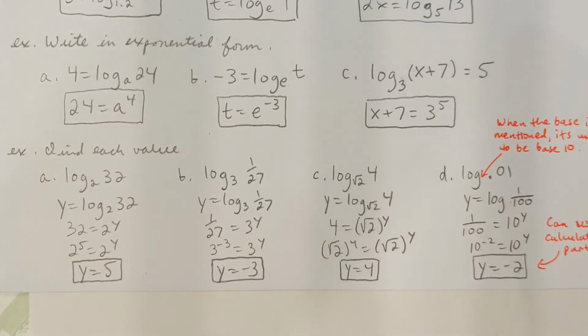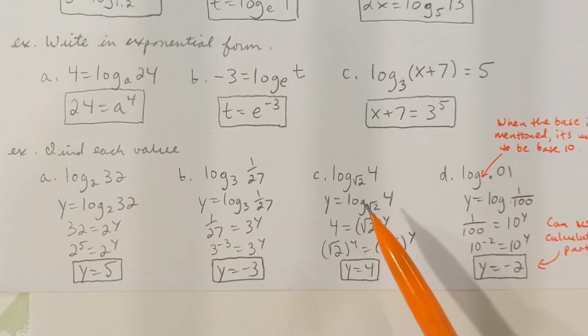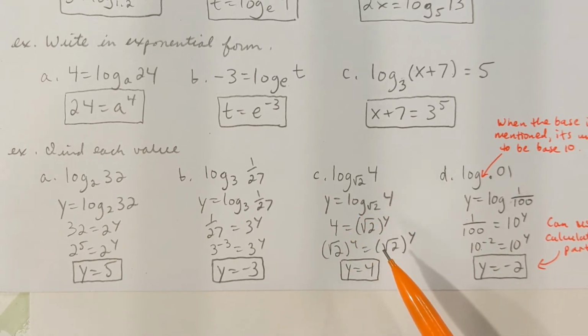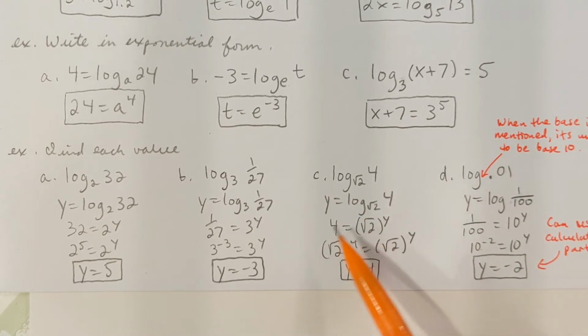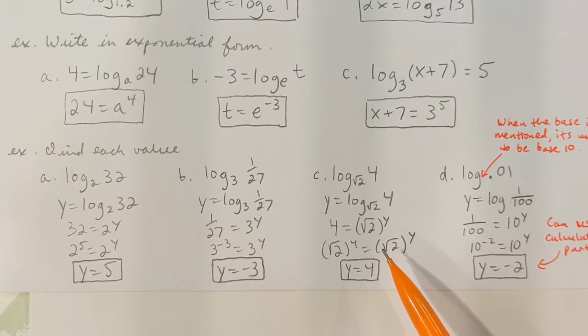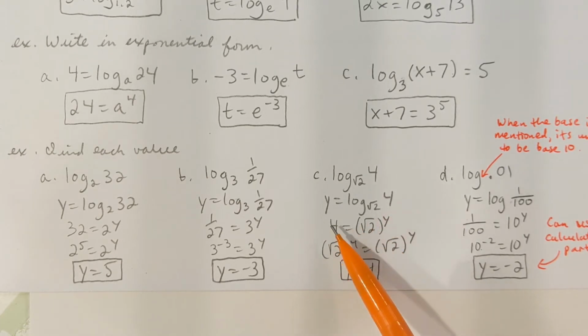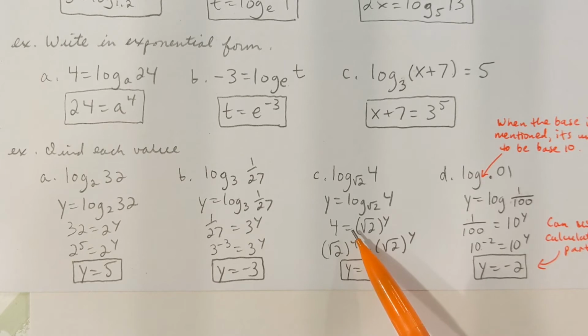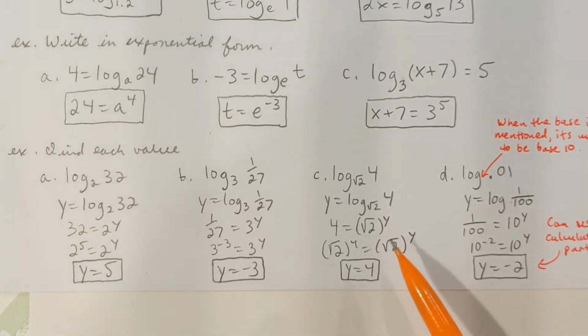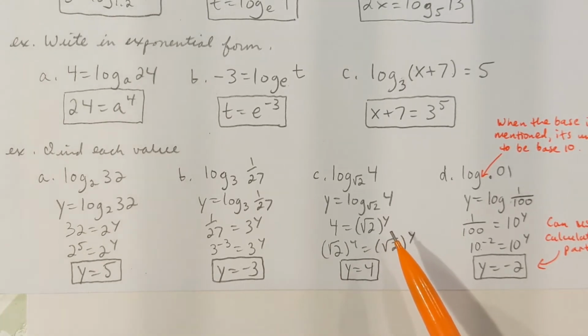Part C, I want to find the value of log base the square root of 2 of 4. Let's call that y and apply the definition for getting this into exponential form. So 4 is my input. 4 equals, the base is root 2, y is going to be the power of root 2. And so now I'm in exponential form. I want to get the same base on both sides here.